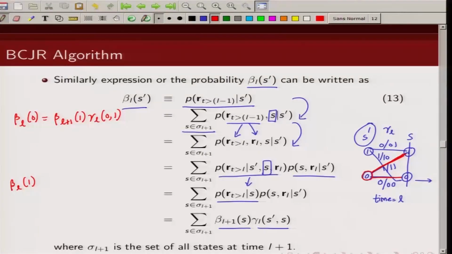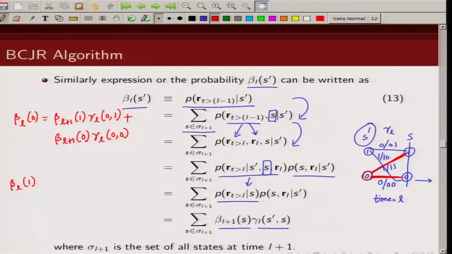Plus the other transition, whose contribution is beta L plus 1 at state 0 times gamma L 0 0. So, this is our expression of beta L for state 0.